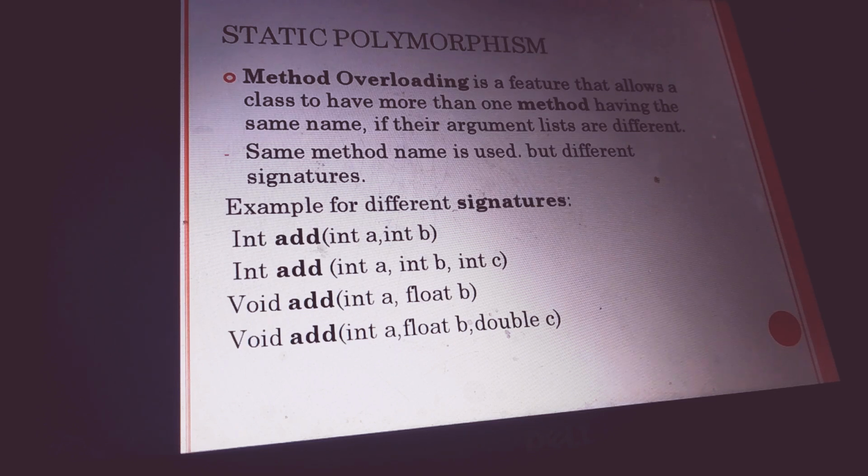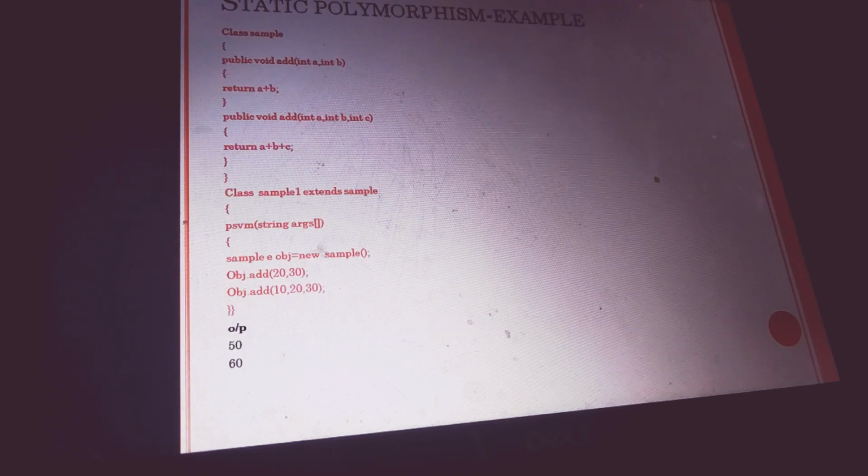Okay. Let me show the example program for static polymorphism. Method overloading comes under static polymorphism. We can use the same method name but a different signature. See the first line. I created a class with the name Sample.